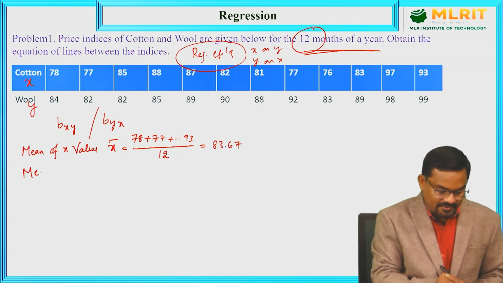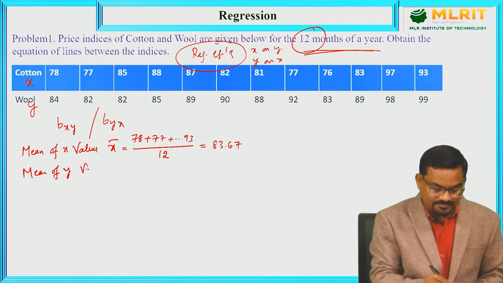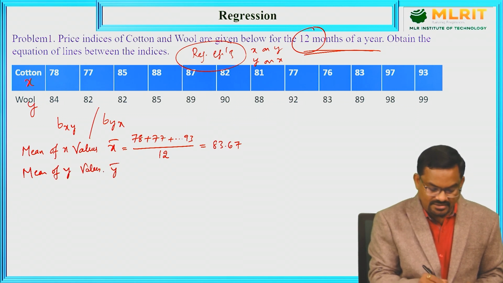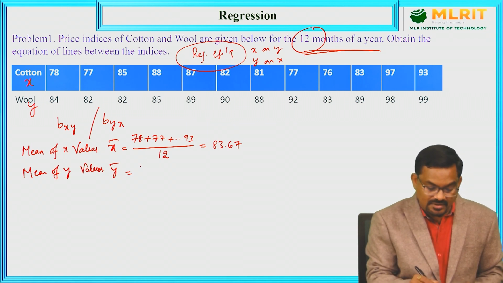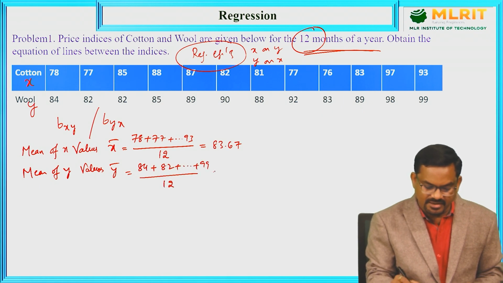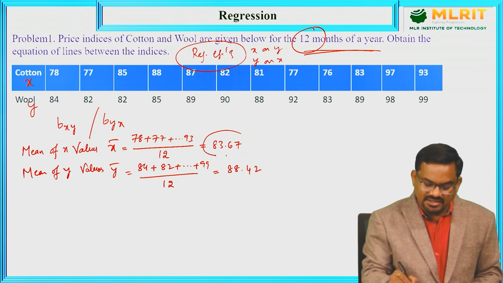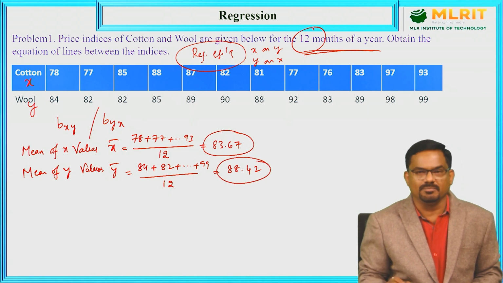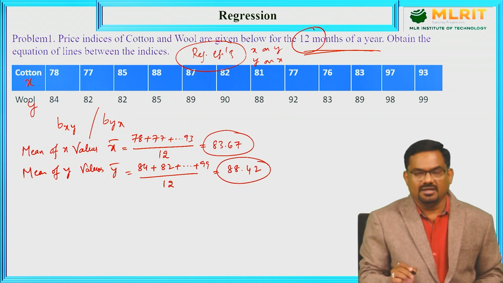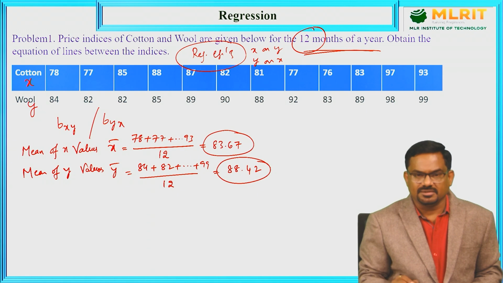Similarly, the mean of y values, y bar, is 84 plus 82 and so on, the last value 99, divided by 12, which is 88.42. It is very clear that these two values are not whole numbers. We got fractions, decimals, 83.67 and 88.42.